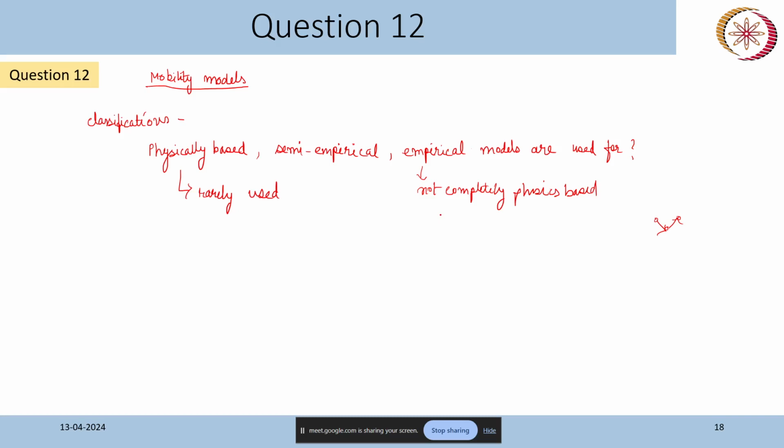If you are doing the simulations for a very specific application, or with very specific conditions, then only these models are valid. So it has a narrow range of validity.